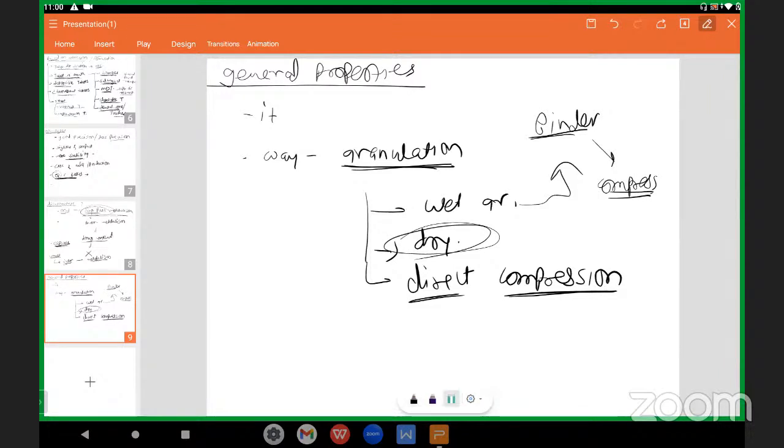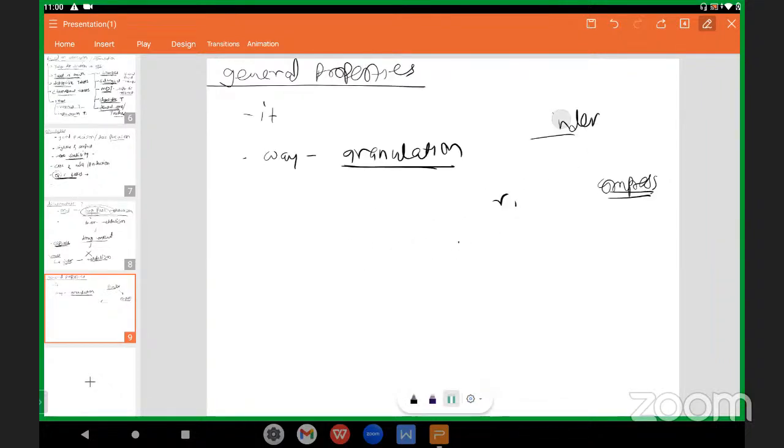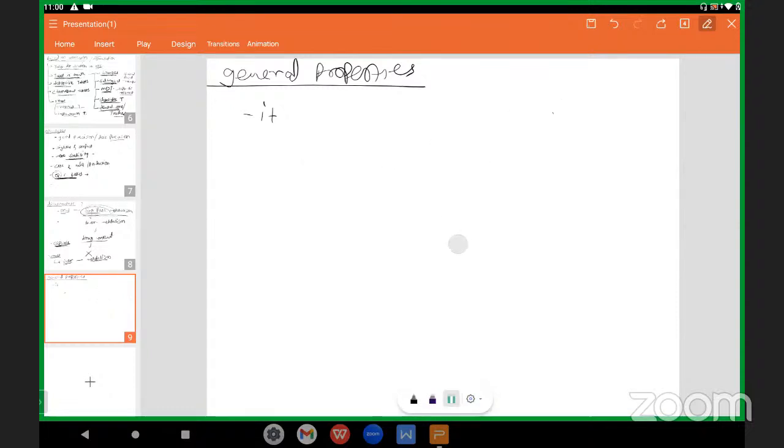Anything else? What should be the ideal tablet? What should be the properties of the ideal tablet? क्या क्या होना चाहिए? Dose uniformity, first thing, very important.